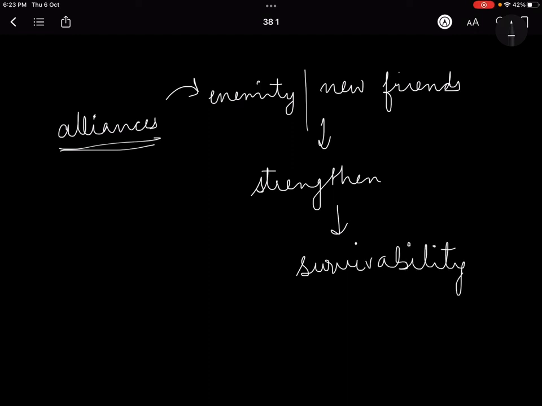So this is all what Claude Lévi-Strauss was saying, कि earlier societies were patriarchal and then they wanted to increase their survivability. So for that they needed alliances. And alliances कैसे हो सकती थी? When there was certain exchange that was taking place. So now what to exchange now?